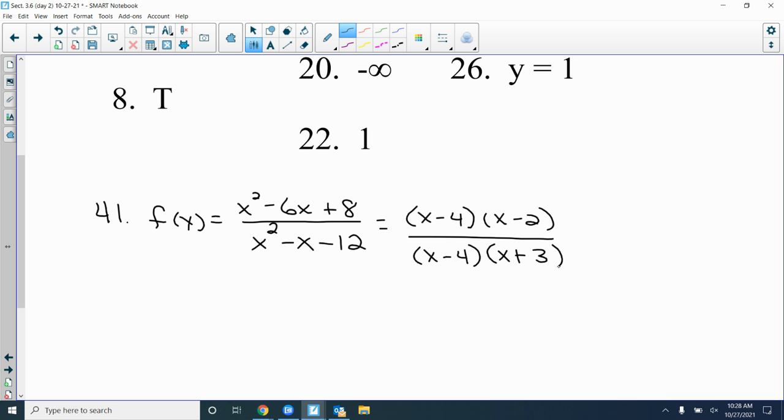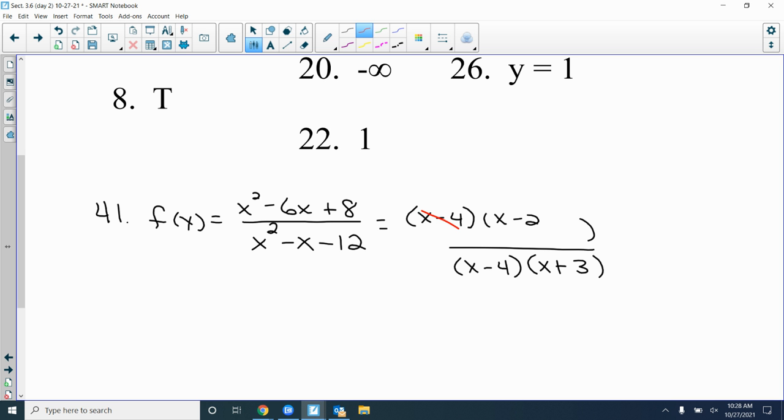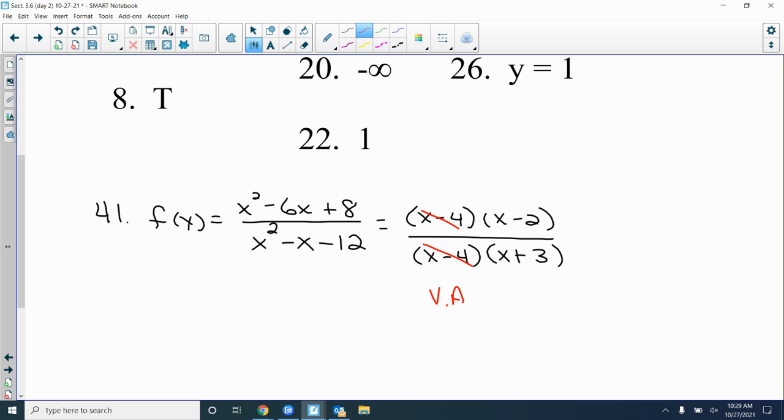When that happens, you do not have a vertical asymptote. What will you actually have at that spot? You have a hole in the graph. So that's still not in the domain. If they ask for the domain, it would not include 4 and -3. But for our vertical asymptotes, that is just going to be x equals -3, and then you're done.